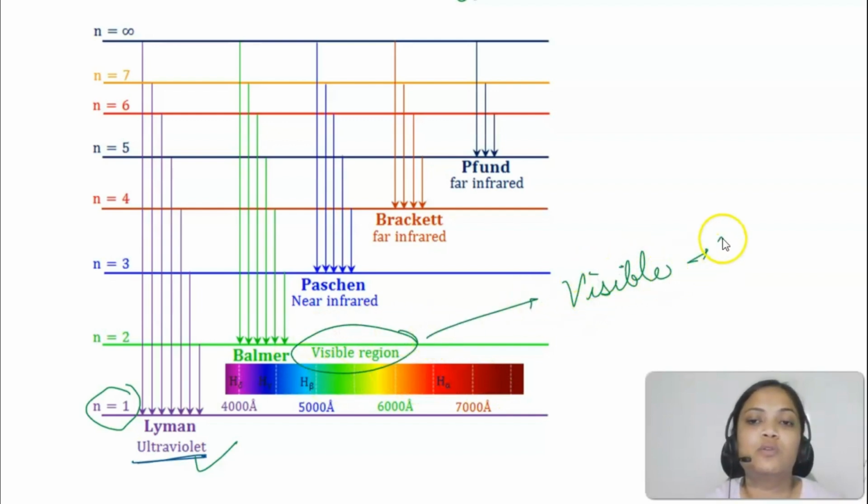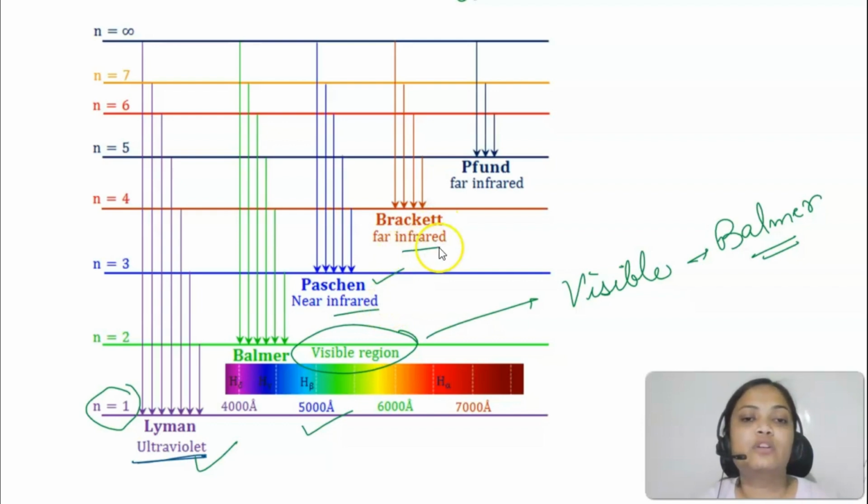This you must know that Balmer series is the only series of lines which lie in the visible region, as you can see. Then n equal to 3 means Paschen, which is near infrared, and n equal to 4 is Brackett, which is far infrared, and again n equal to 5 is Pfund, which is again far infrared.